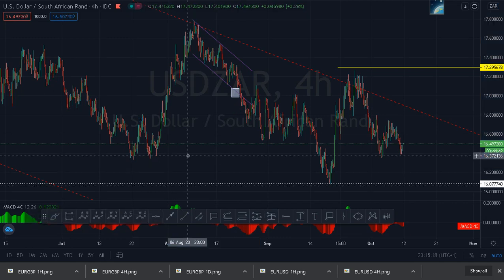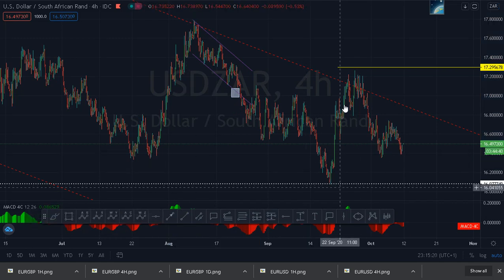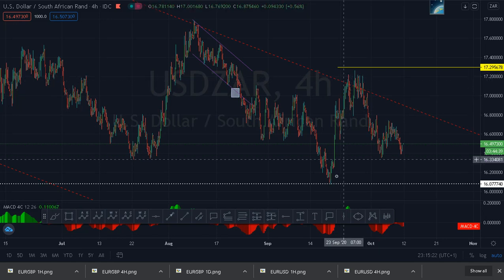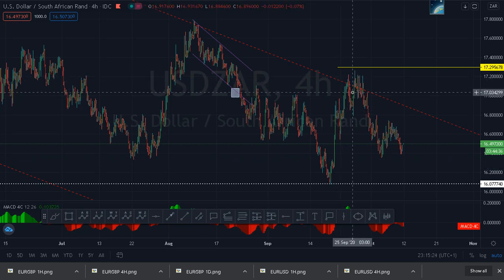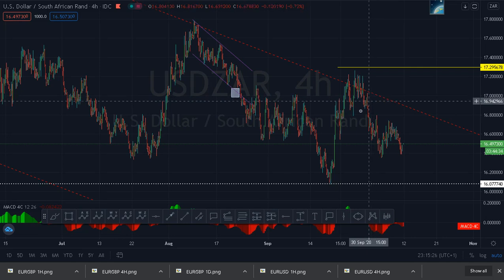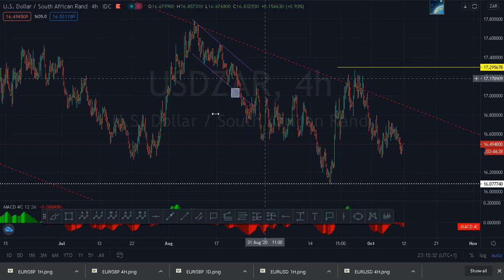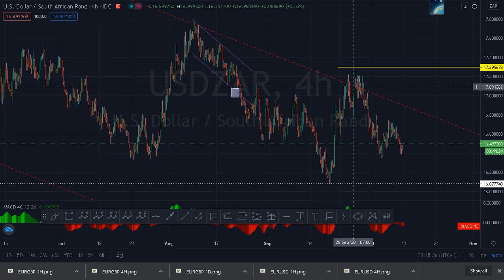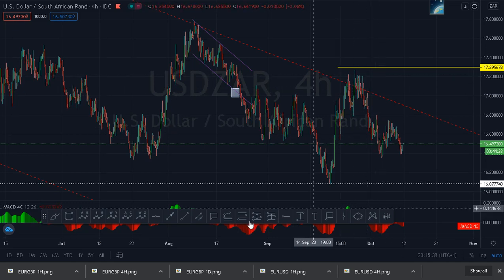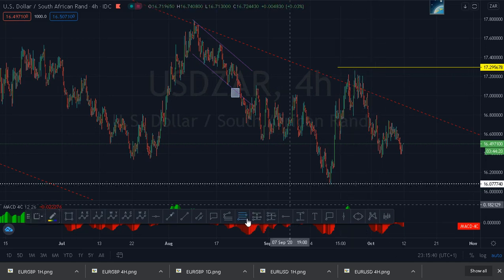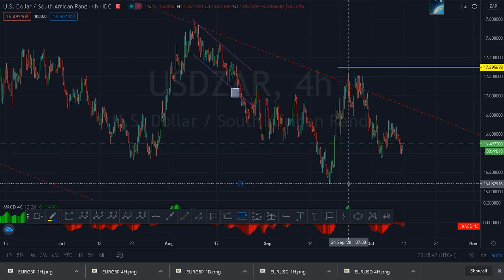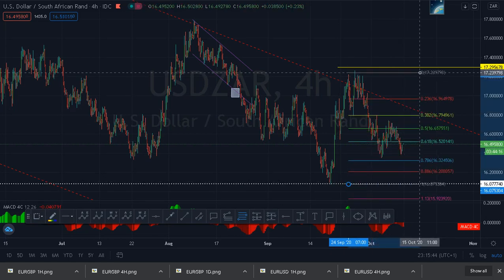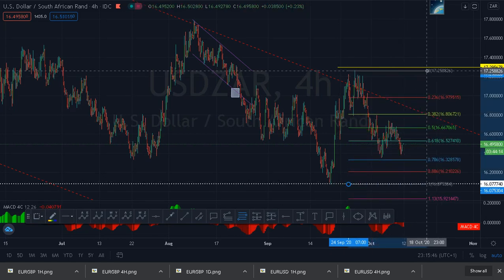All I can say is that this move is sharp, and since it is sharp, most of the time when you have this type of move it will repeat itself. Now you can see this sharp move and this one are somewhat similar, so we might have a sharp move from here.